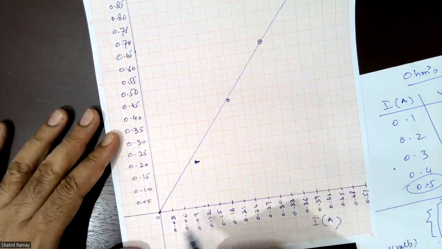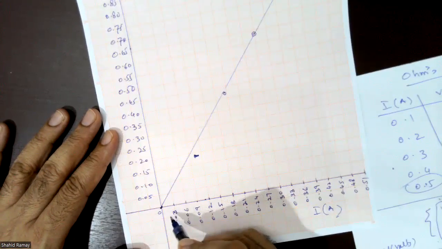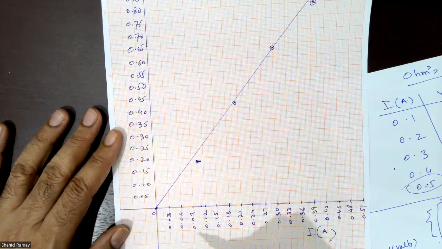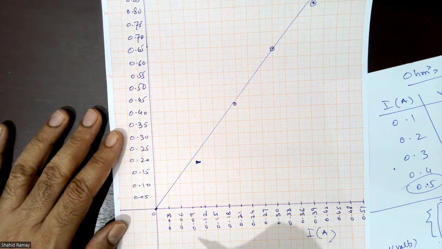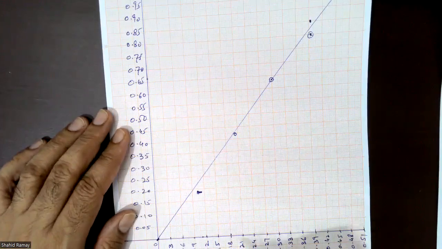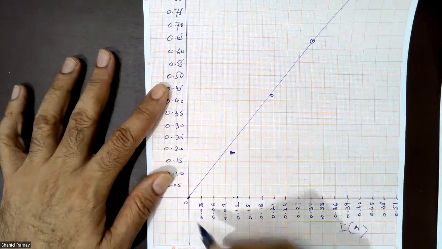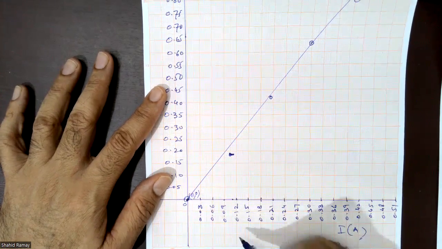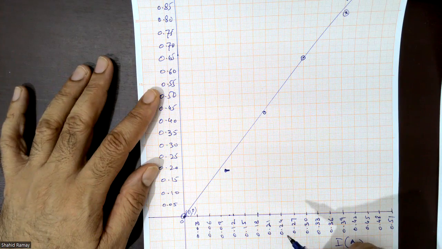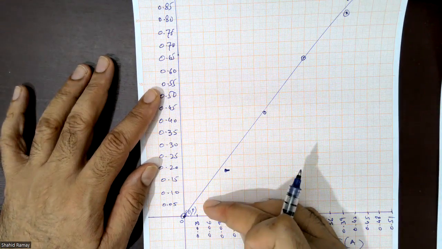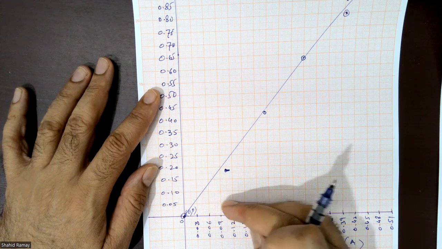Now you can take 2 points on the line. The 2 points should not be from this table. You should take them yourself, so it's easy for you. The first point is this one. This is 0, 0. You can take it. The other point you should take away from this point, not close to this point, which you can read easily.